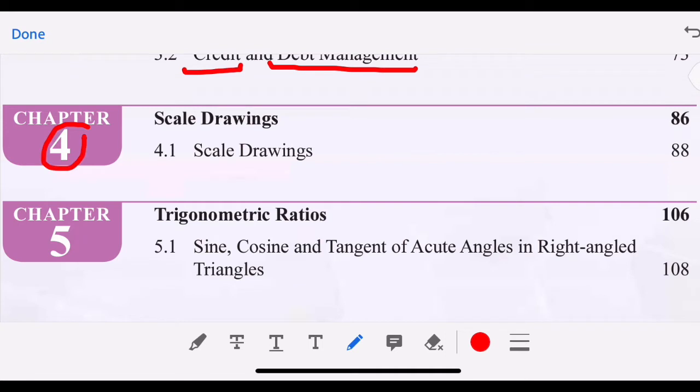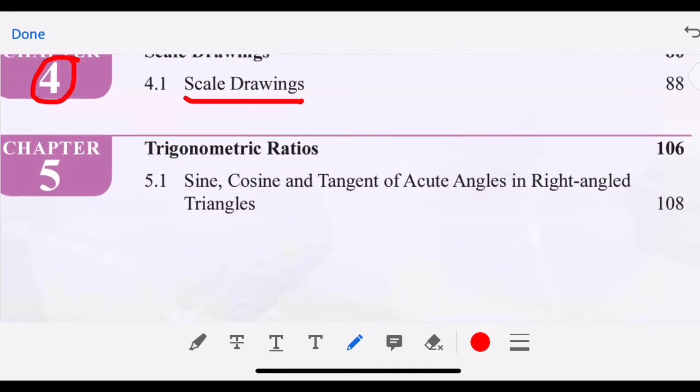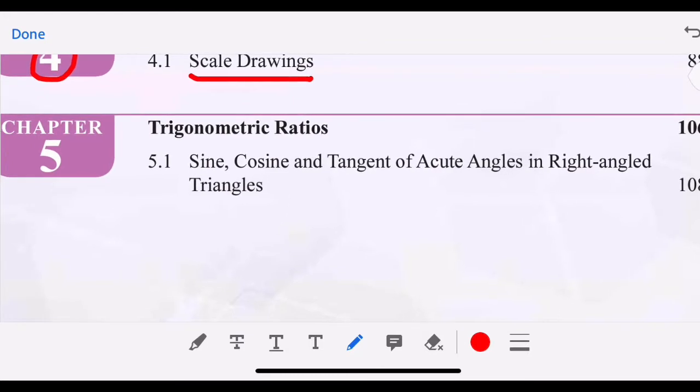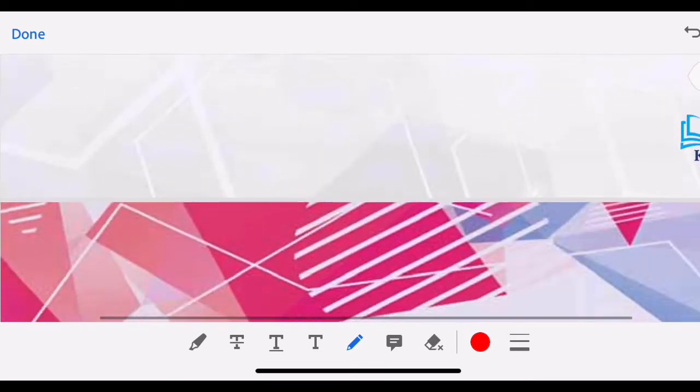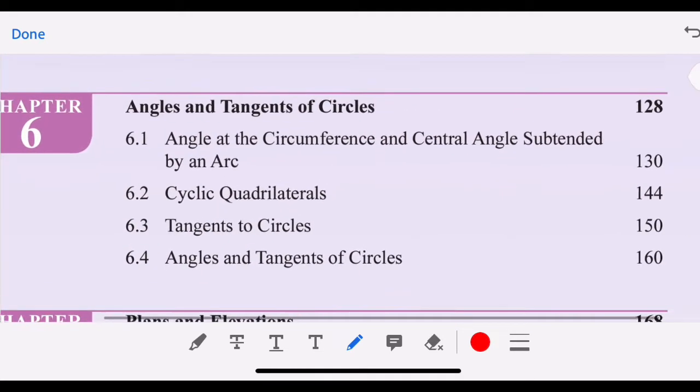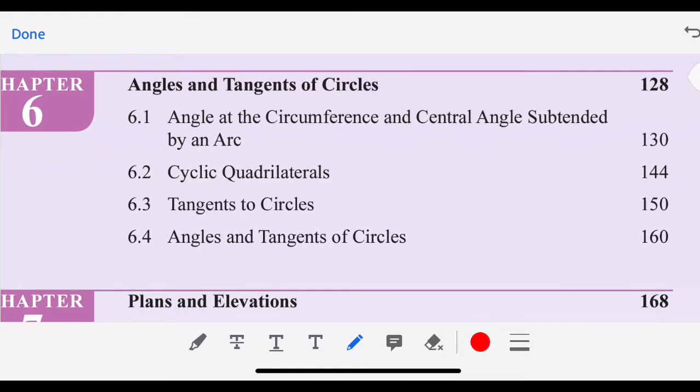And chapter 4 will be scale drawings. It's also one of the favorite topics in the exam. And chapter 5 will be trigonometric ratios, sine, cosine, tangent of acute angles in right-angled triangles. Alright, so we have chapter 6 right now.